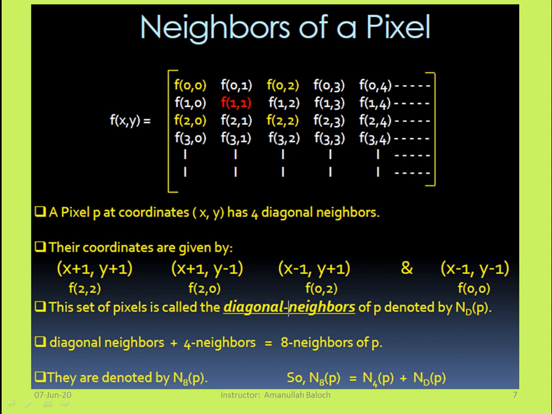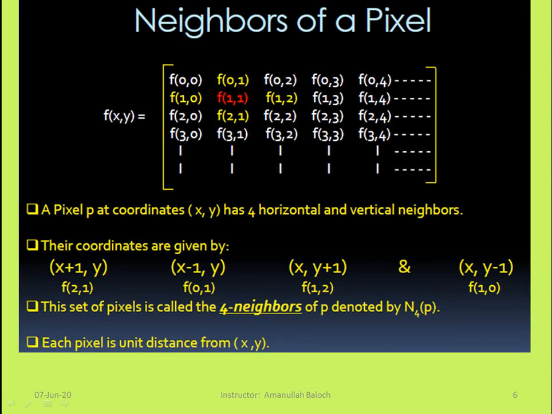The pixel P at coordinate x, y has 4 diagonal neighbors. Their coordinates are given by x plus 1, y plus 1, f of 2, 2. This one is f of 2, 2, and this one is f of 2, 0: x plus 1, y minus 1. You may see it in the original coordinate system as x plus 1 and y minus 1.